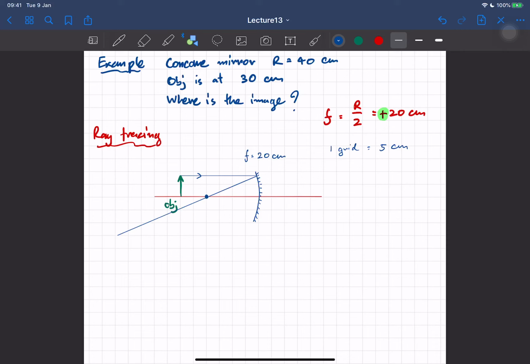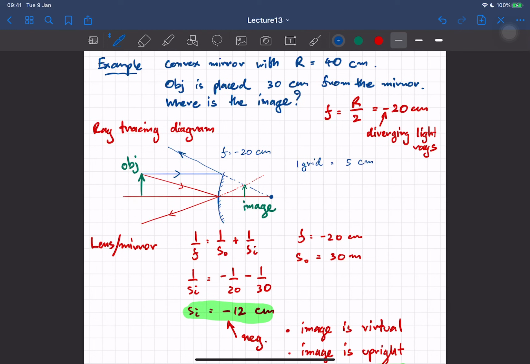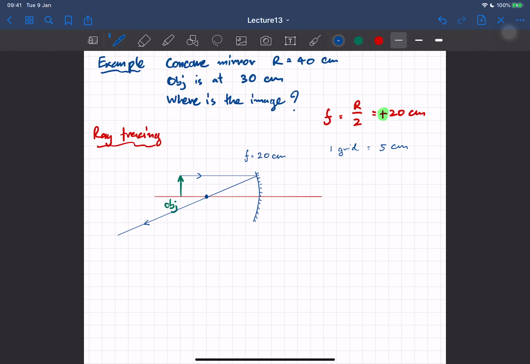Okay, it's good enough. That's the first ray. The second one we're going to do is similar to what we drew here, the red one, which is the one going through the center. And it's going to bounce with the same angle, so it's going to go like this.